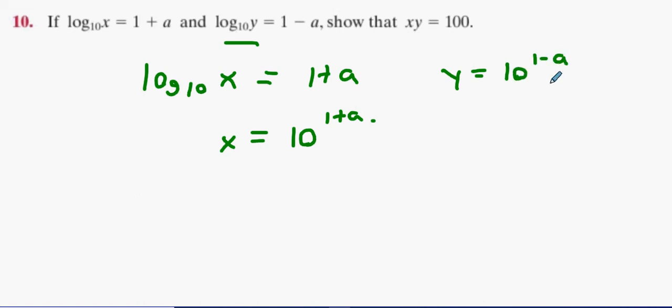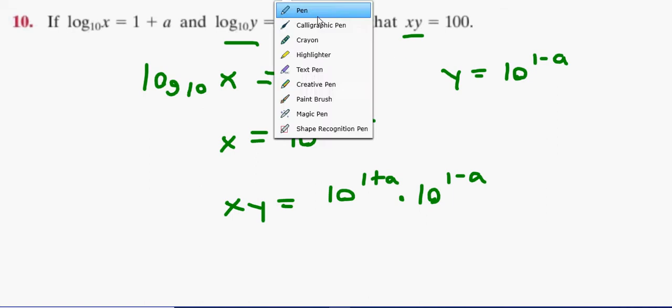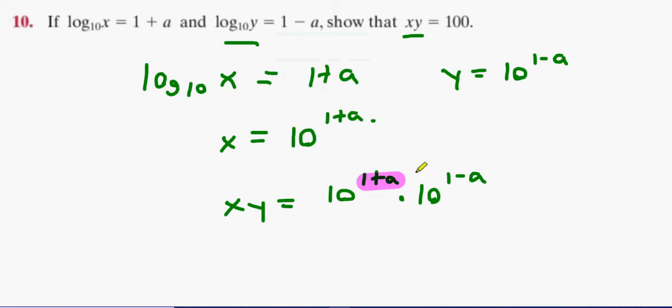Okay. I want to multiply x by y. So what is x multiplied by y? 10 to the power of 1 plus a by? Yep. What do you do with the powers? You add them. And once you add the two of them together, you get 10 to the power 2, and that is? There you go.